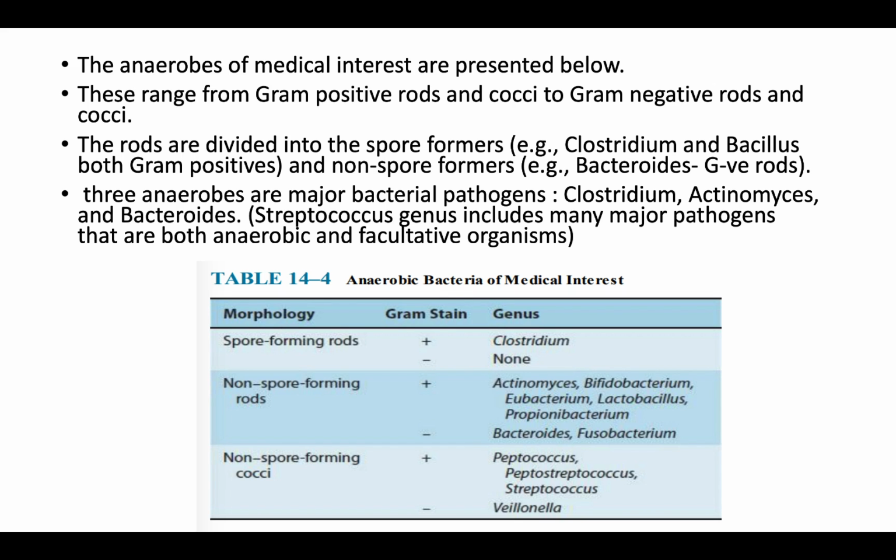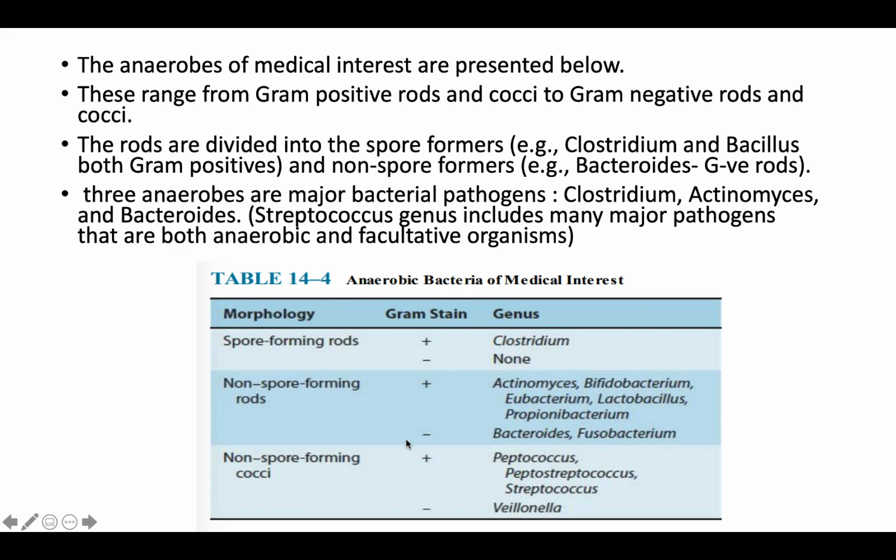Out of the spore formers you will find gram-positive spore-forming rods, which are Clostridium. Spore formation only happens, you can only see it usually, in gram-positive rods, that's it. So the only one that is gram positive and spore forming will be Clostridium, the others are all non-spore forming.